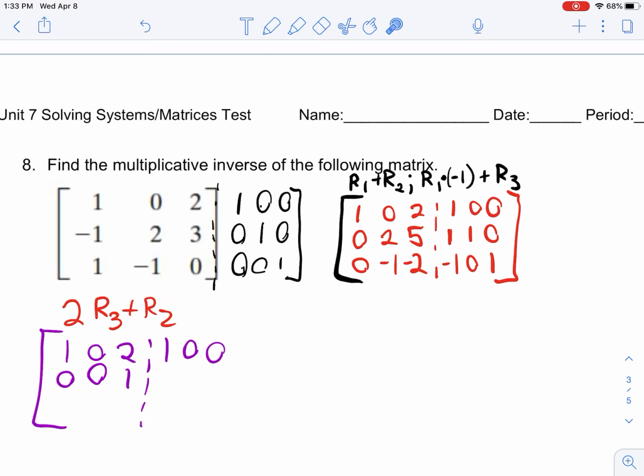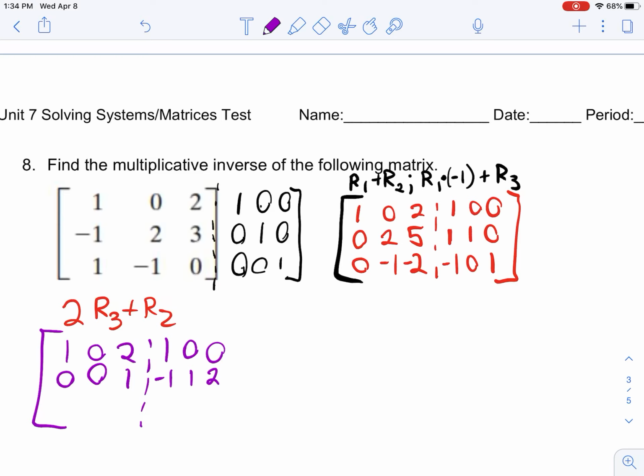Then I have to do the same thing with these numbers. 2 times negative 1 is negative 2, plus 1 is negative 1. 0 times 2 is 0, plus 1 is 1. And then 1 times 2 is 2, plus 0 is 2.